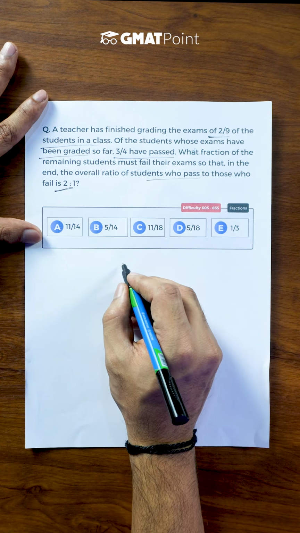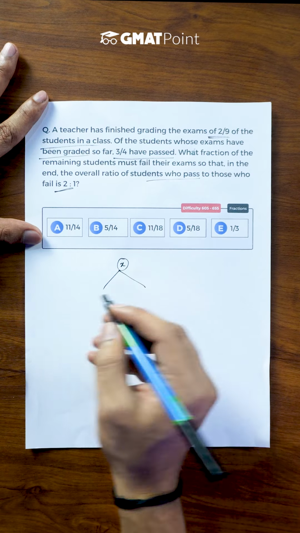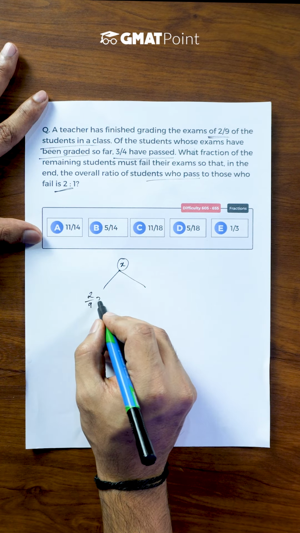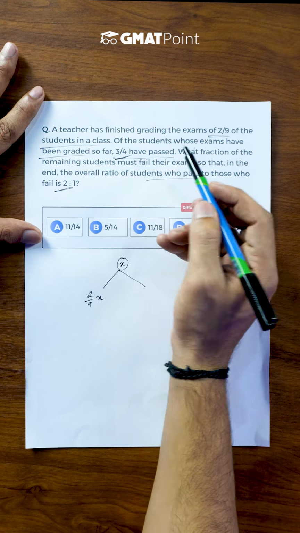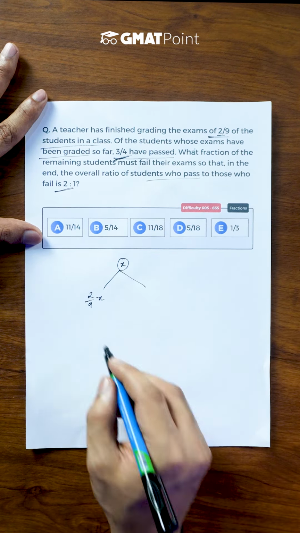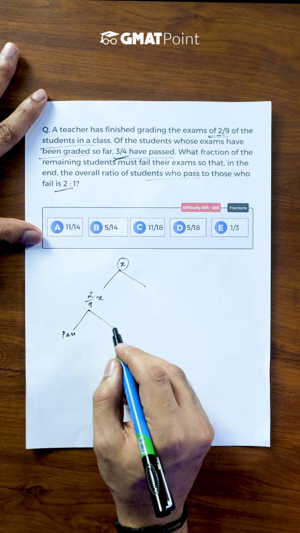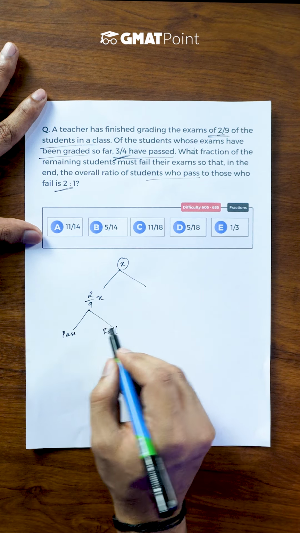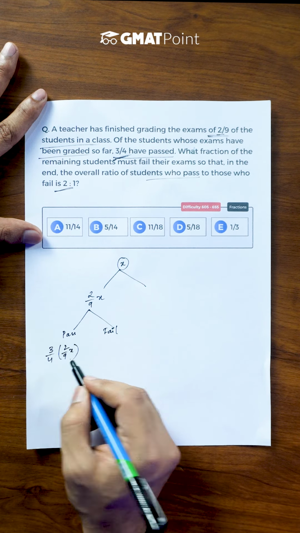So, let us assume the total number of students to be x, and until now 2/9 of these students have been graded, and we are also given that out of these 2/9 students, 3/4 have passed the exam. So the number of students out of these 2/9 x that have passed can be calculated as 3/4 times 2/9 of x.